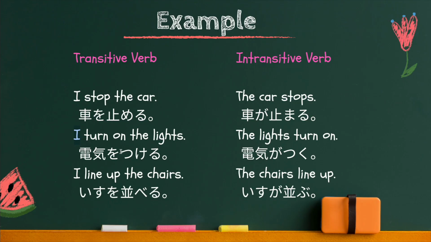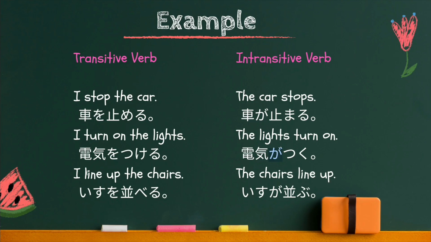So since this is a transitive verb, it takes O particle. But now the intransitive verb, the lights turn on. 電気がつく. It doesn't focus on the person anymore. It simply focuses on the thing, which changes. This time, 電気. Since this is an intransitive verb, it takes ga particle.